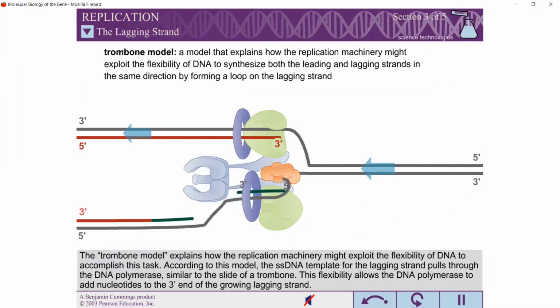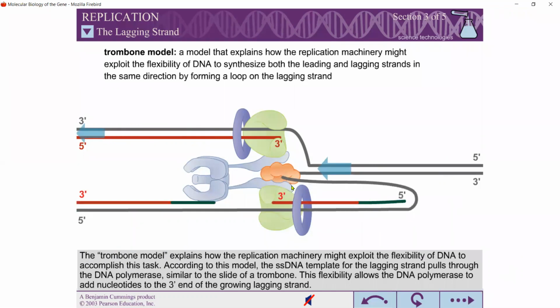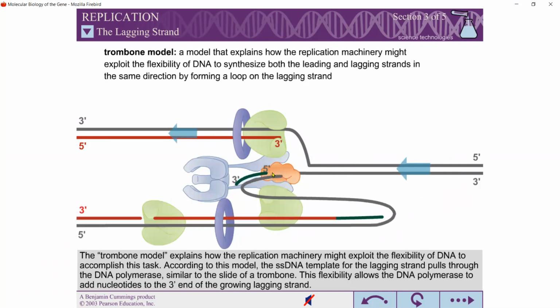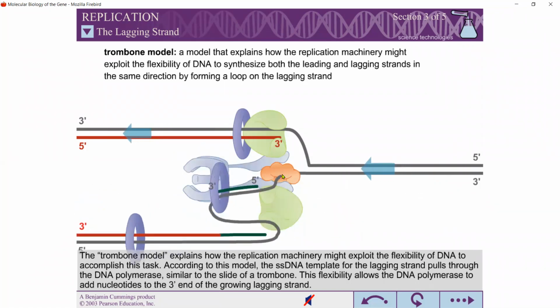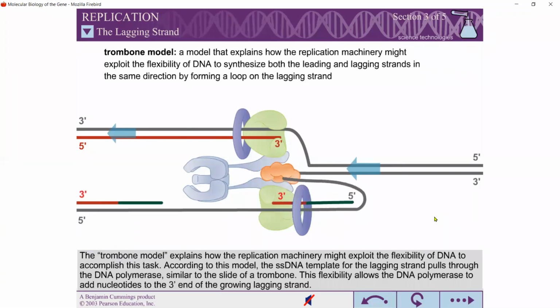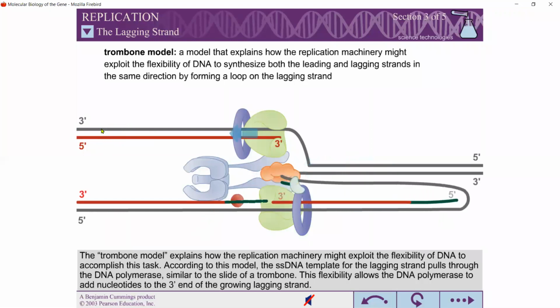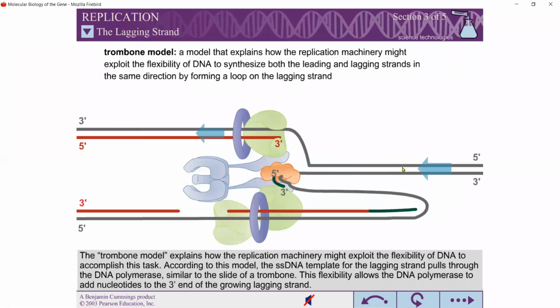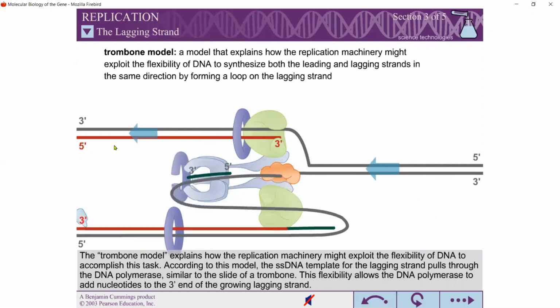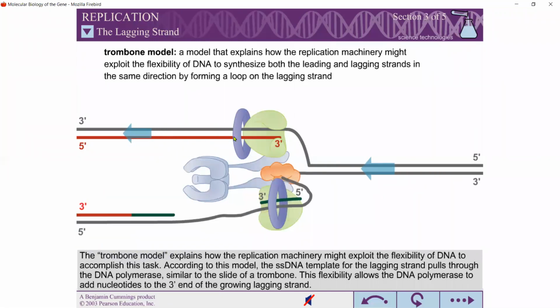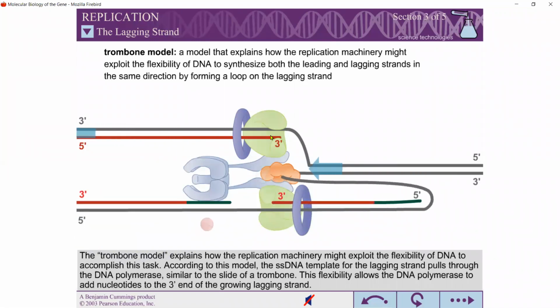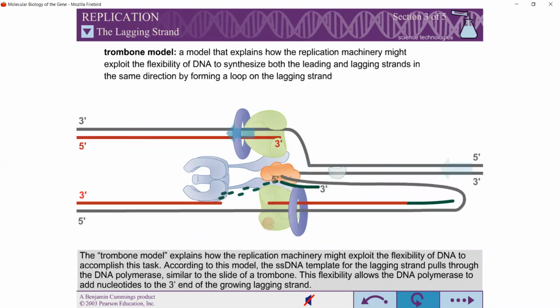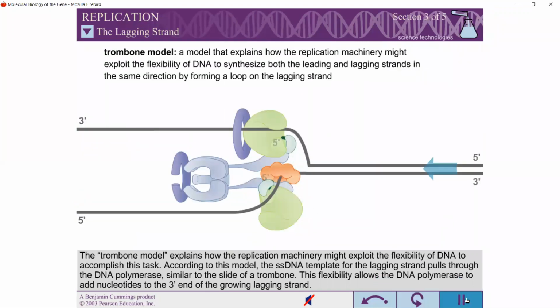If we look at this structure, you see this is helicase. Through the helicase, a single-stranded DNA is being pulled. The ash color strands are the mother strands and the red color strands will be the daughter strands.